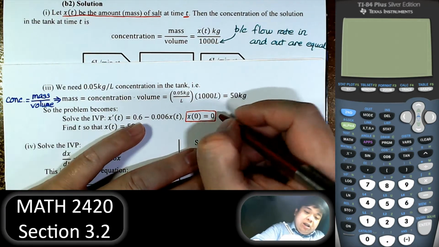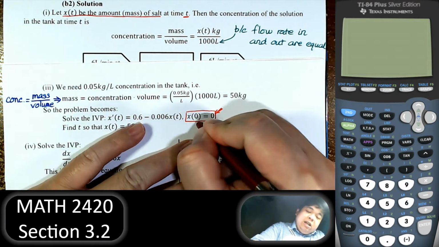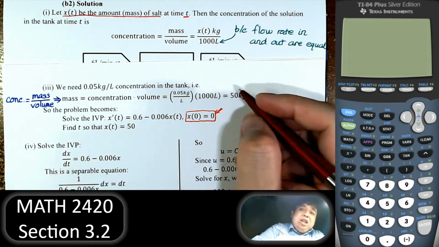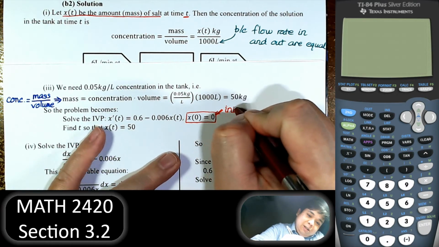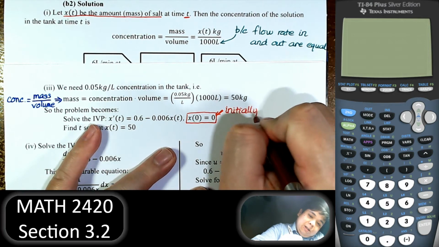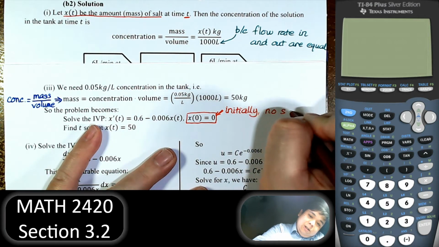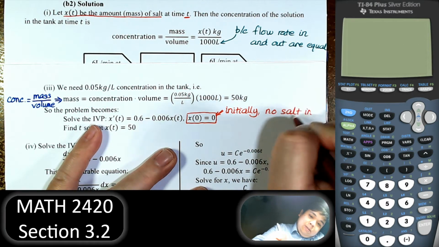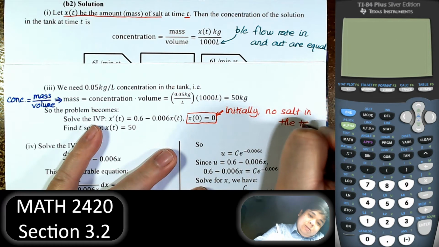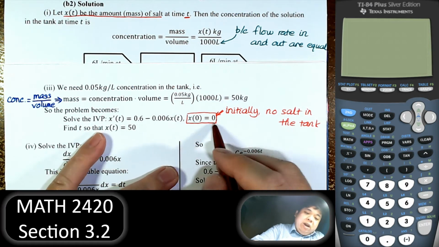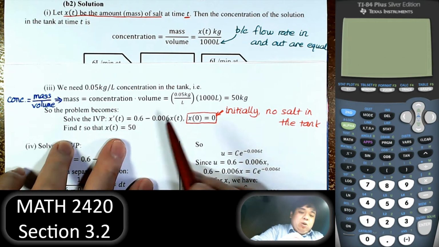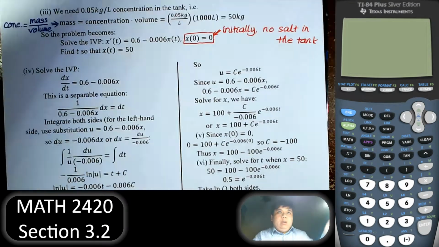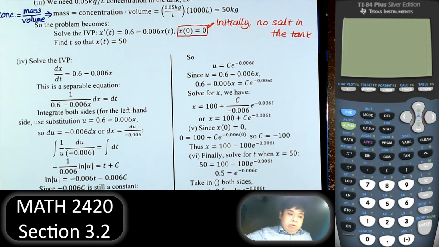That's why this is x of 0 equal to 0. So initially there's no salt in the tank. And finally, we solve for t so that x of t is equal to 50. Right. Now on to solving that initial value problem.